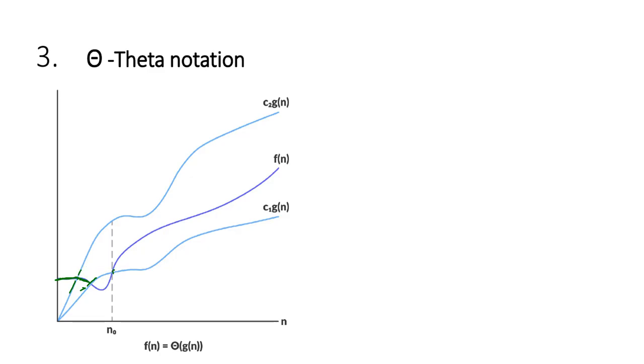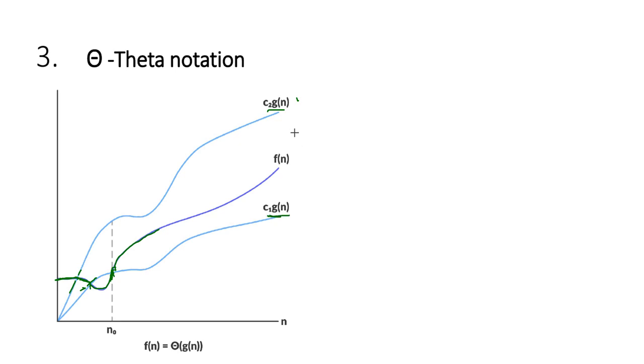And after this point, you can see that f of n is continuously staying between c1 g of n and c2 g of n. So it is confined between c1 g of n and c2 g of n.